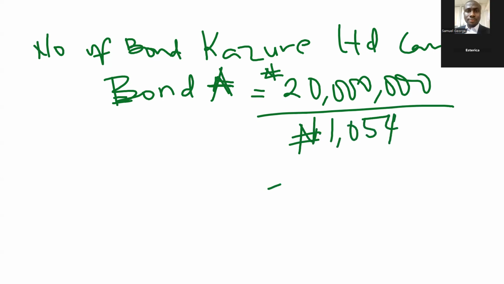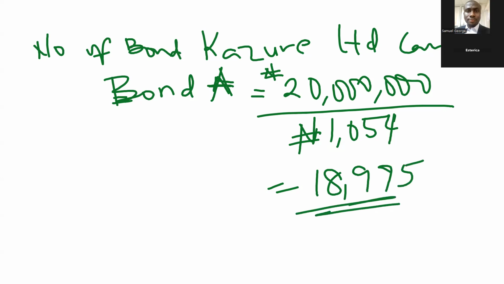So 20 million divided by 1,054 is equal to 18,975 bonds.